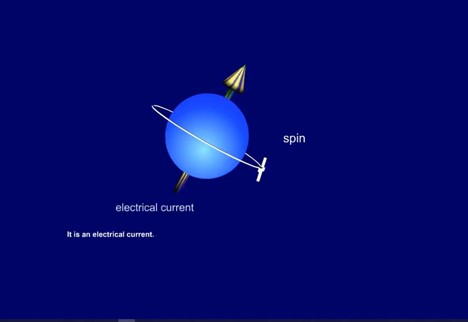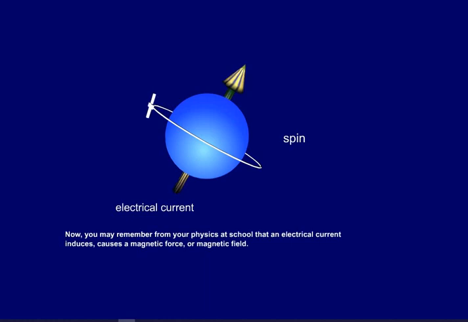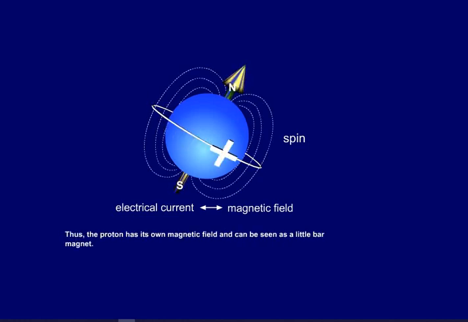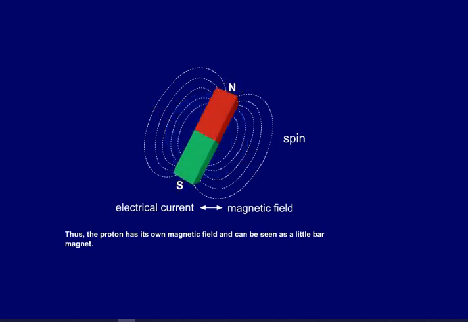It is an electrical current. Now, you may remember from your physics at school that an electrical current causes a magnetic force, or magnetic field. So, where there is an electrical current, there is also a magnetic field. Thus, the proton has its own magnetic field and can be seen as a little bar magnet.